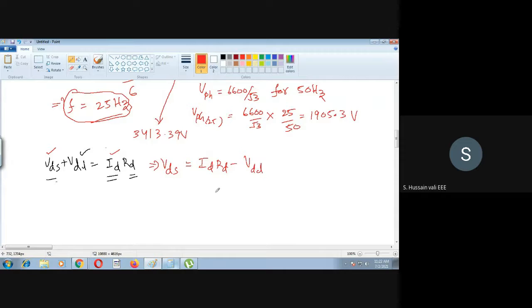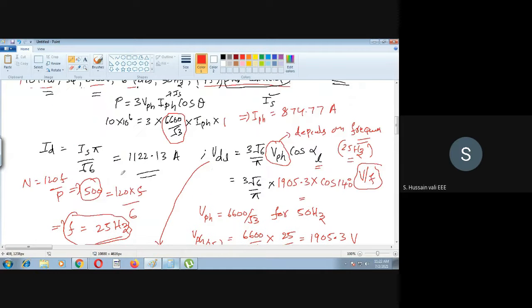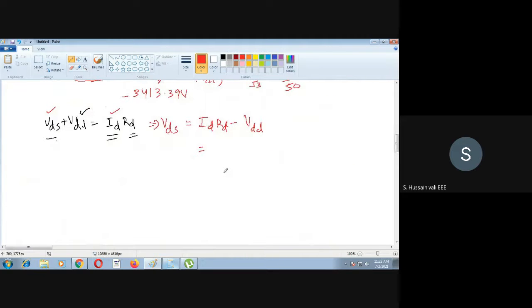With this we got the answer minus here. Then the ID value, how much did we get just now? Somewhere we found the ID value. Yeah, 1122.13. Everything we found. ID into RD value 0.2, so minus of minus gives plus 3413.39. So this is the VDS value. We got the answer for VDS now.